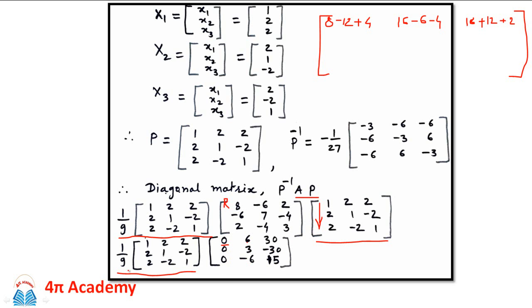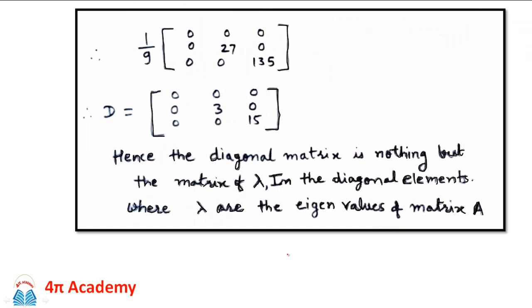Then I will perform the multiplication of P inverse with AP, and finally I will get the result as 1 by 9 into 0, 0, 0, 0, 27, 0, and 0, 0, 135. If I divide each element by 9, I get the diagonal matrix, which is 0, 0, 0, 0, 3, 0, and 0, 0, 15.